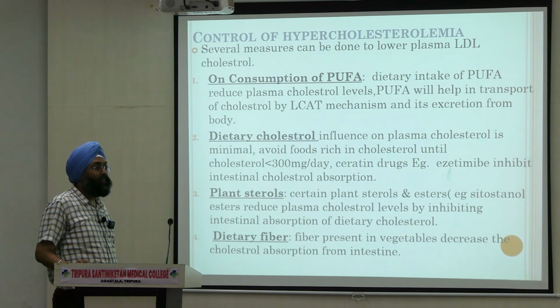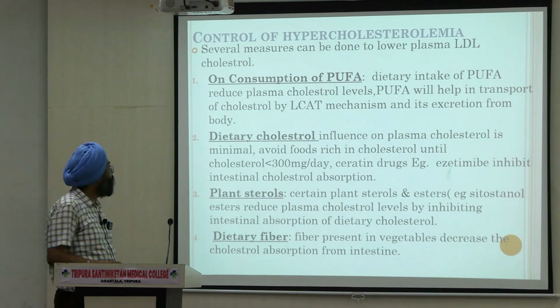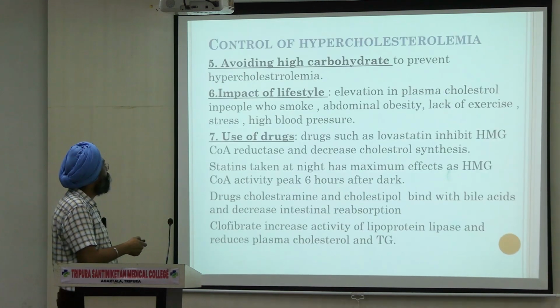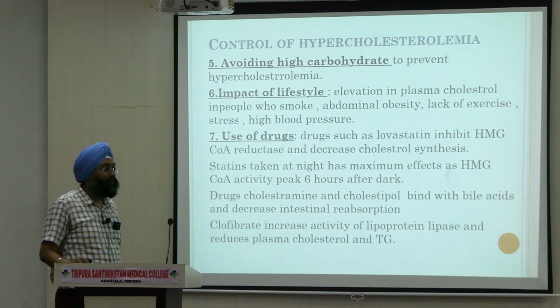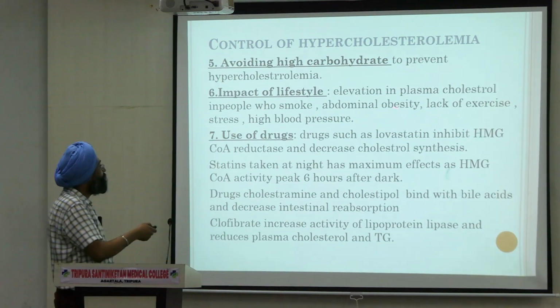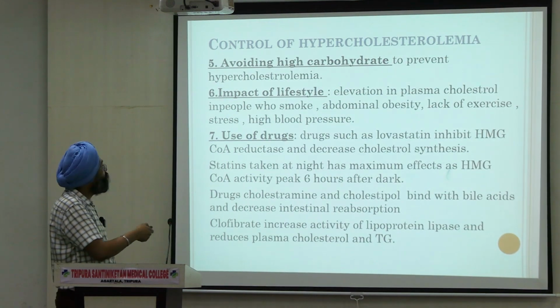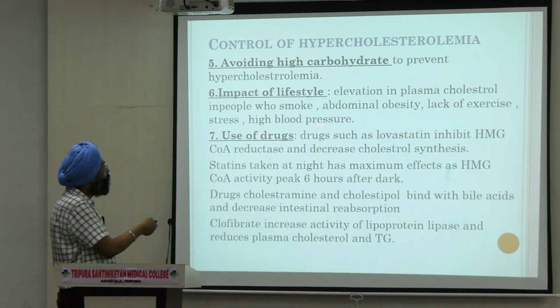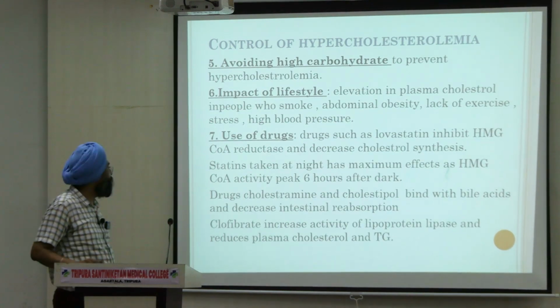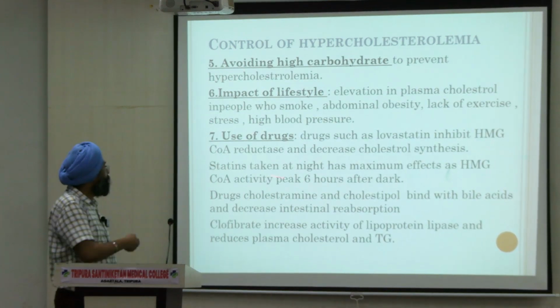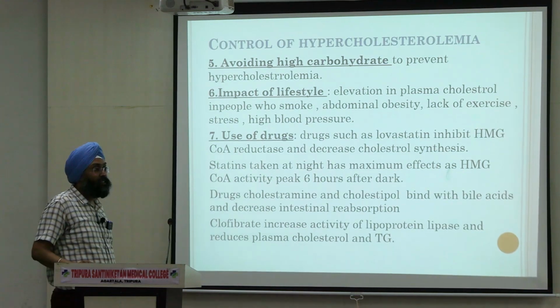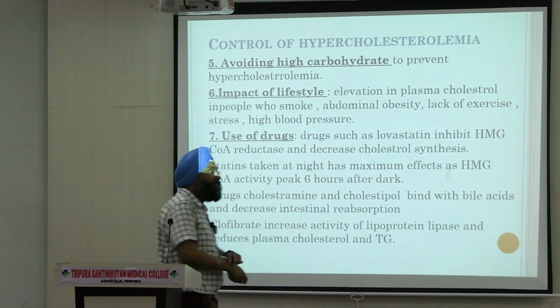And one more thing, you do exercise, you keep a healthy lifestyle, right? Avoid a high carbohydrate diet, right? And lifestyle: abdominal fat should not be there, you should exercise, stress should be low, BP should not be high, right? And drugs, statins are the first choice of drugs. Where did statins target?